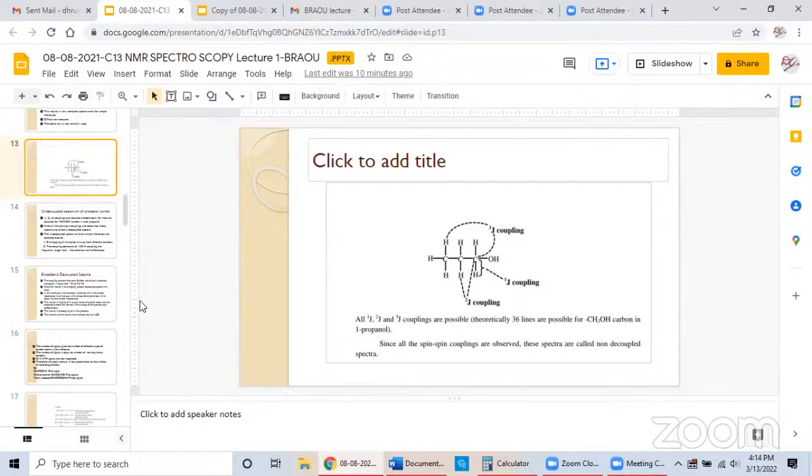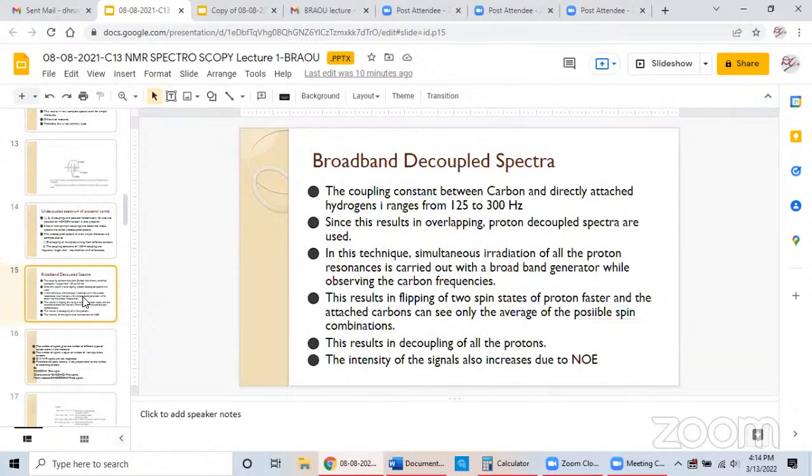Since we require a simplified spectrum to interpret the structure, we need to simplify it. How can we simplify? By removing the coupling between carbon and hydrogens. That is possible by decoupling all the hydrogens present in the given molecule.